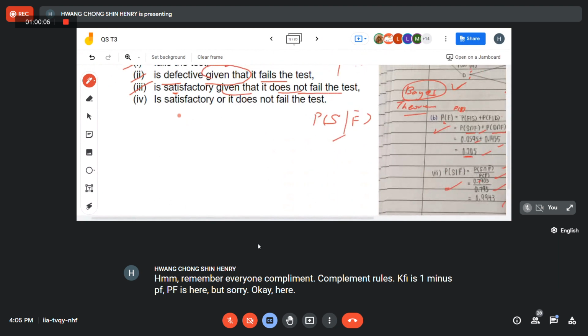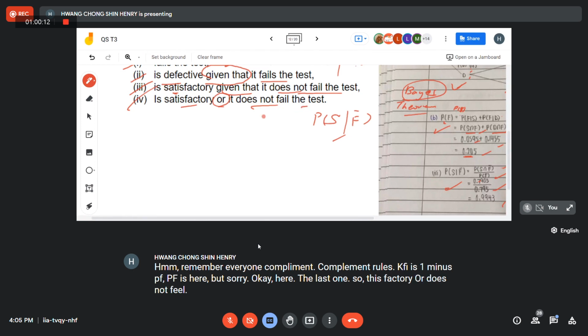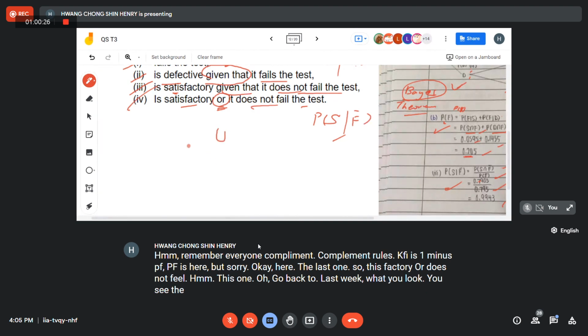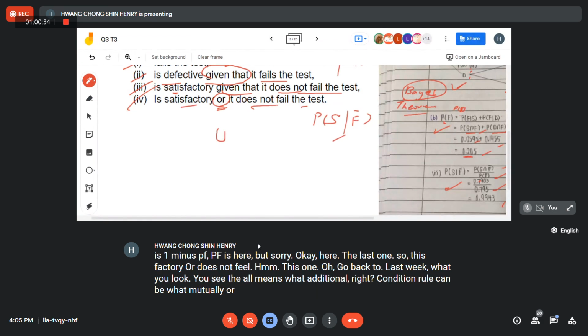The last one. Satisfactory or does not fail. This one, go back to last week. What did you learn? You see the "or" means what? Addition rule, right? Addition rule can be mutually or non-mutually exclusive.